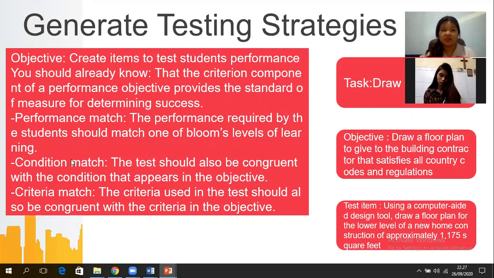In the performance match, the performance required by the students should match one Bloom's level of learning. The condition match is that the task should also be congruent with the condition that appears in the objective. And the last one is the criteria match: the criteria used in the task should also be congruent with the criteria in the objective.